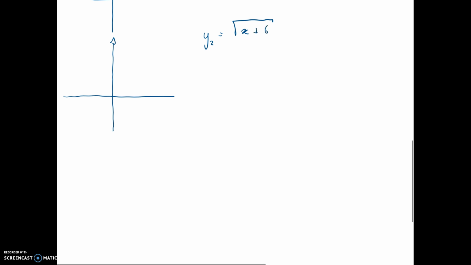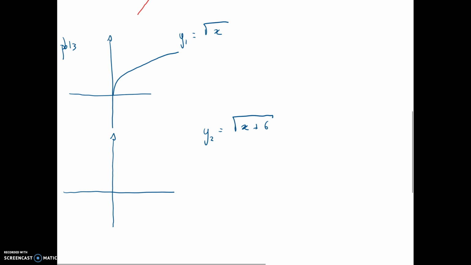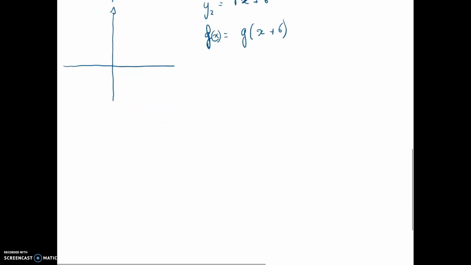Okay? And I can clearly see that if I call y1 equal g of x, y2 is f of x equal g of x plus 6. And that reminds me f of x equal g of x plus k.